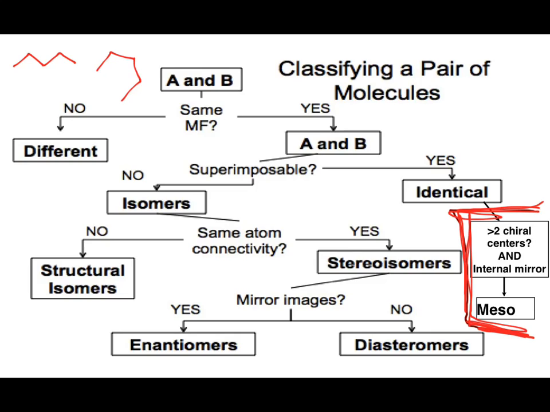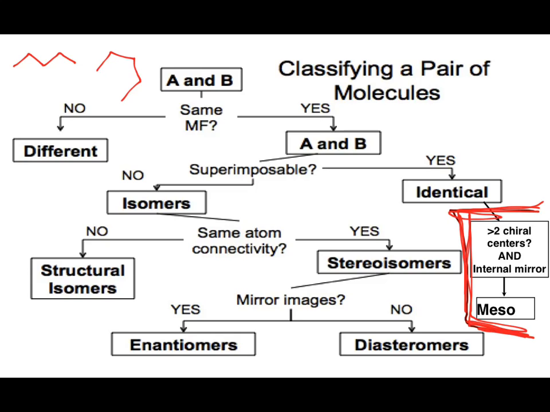Are they superimposable? Not immediately, okay, but we have sigma bonds. What's special about sigma bonds? We can freely rotate, so we can rotate the one on the right or left, depending on your preference, to the point where we end up finding out they are superimposable. So now we're at that identical rule.